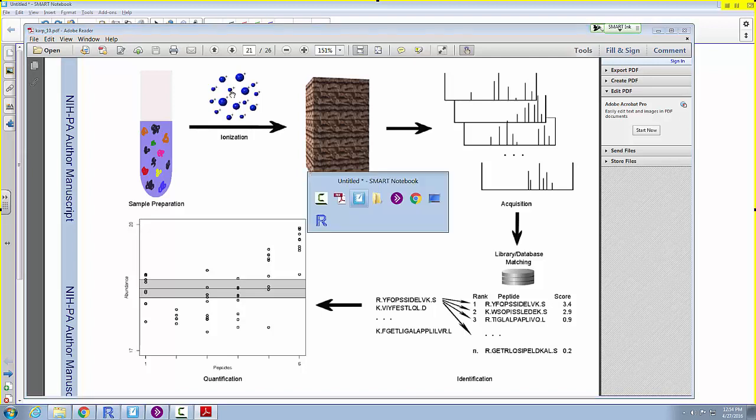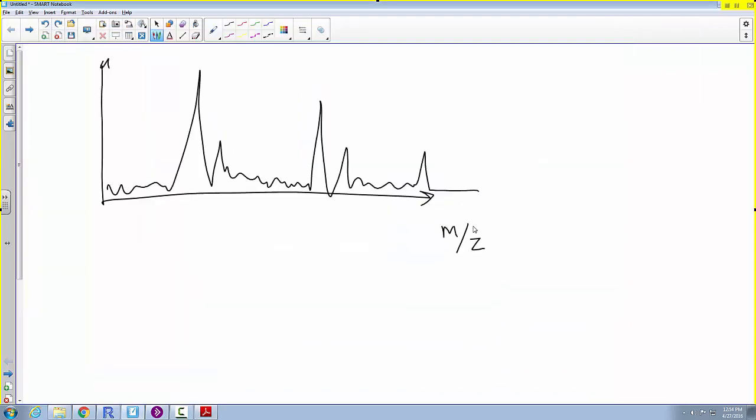What we get out of the instrument, the raw data, is mass to charge ratio. And roughly speaking, here is a peptide. There's a peptide, there's a peptide, there's a peptide. There may be other peptides hidden in here, but we're not going to be able to pick them out because the signal to noise ratio is too high down there.